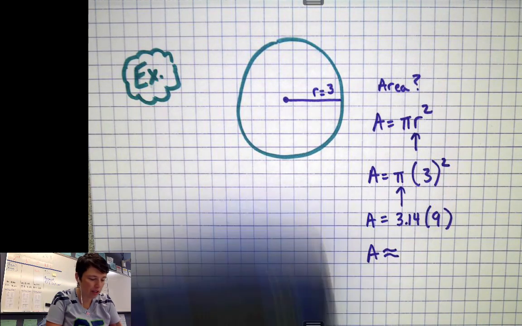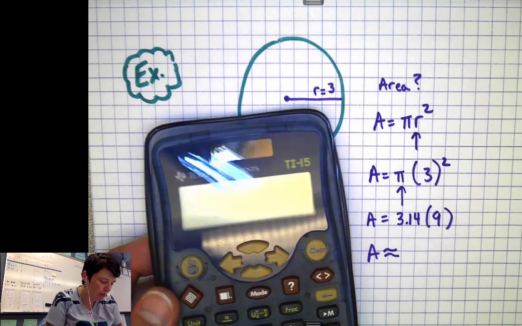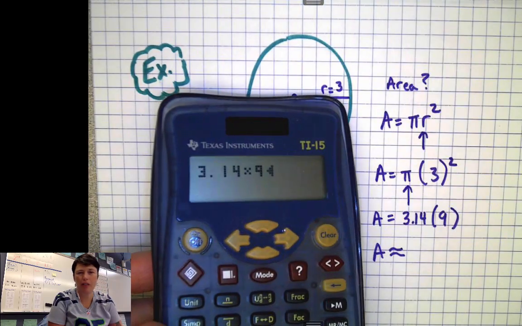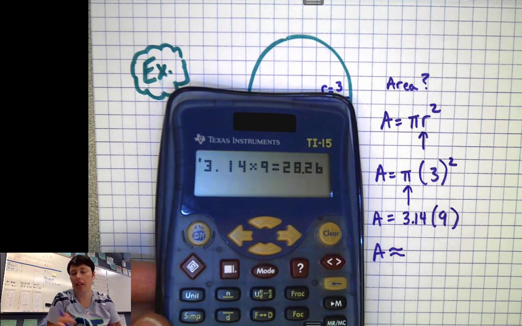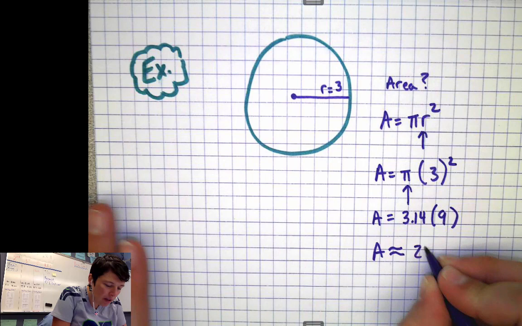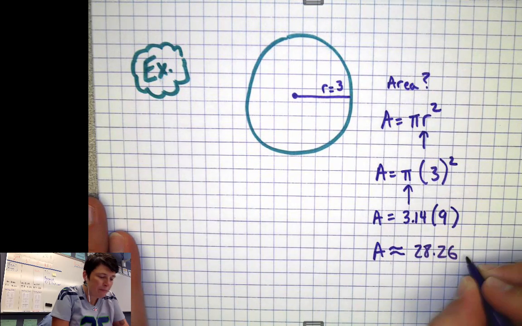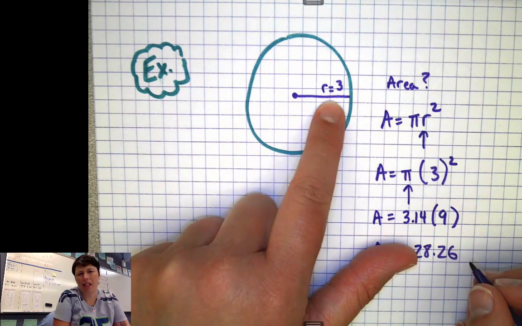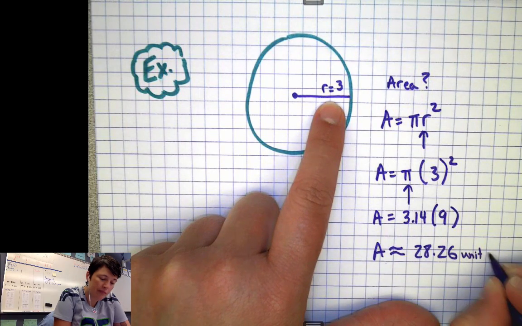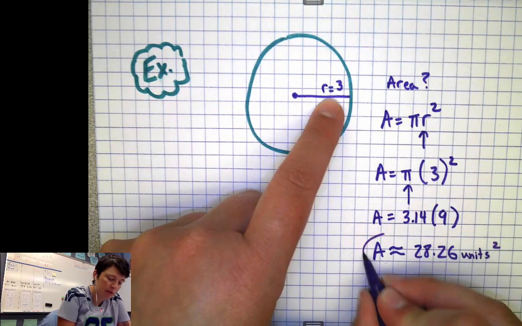So let's see. We've got 3.14 times 9. Let's see, 9 times 3 is 27, so I'm expecting 28.26, something very close. So my answer is 28.26. And I don't know what we measured. Was it feet, inches, yards? So I guess I'll just say units squared since I don't have any measurements on there.